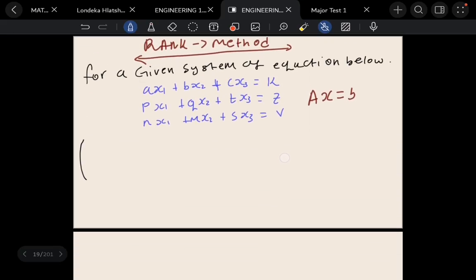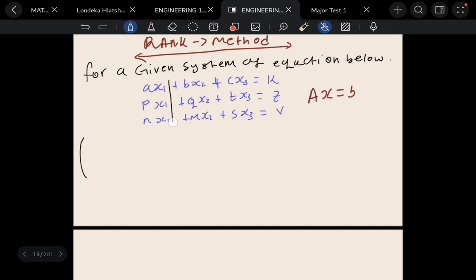Another thing that you need to take note of is that this column is for x1, this column is for x2, this column is for x3. If the equation was written in an order which is not readable, always rearrange your equation in this format. Your first column is x1, your second column is for x2, your third column is for x3, or the x, y, z column.